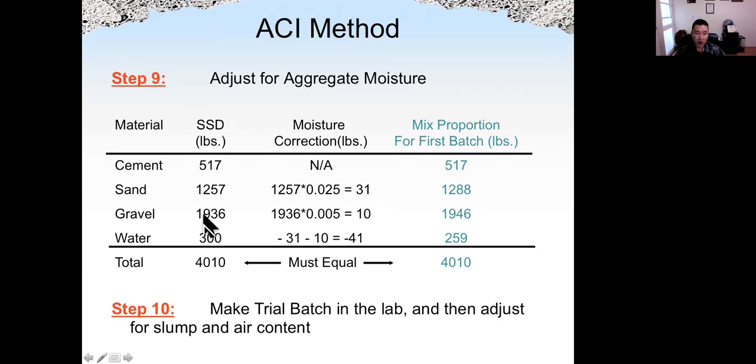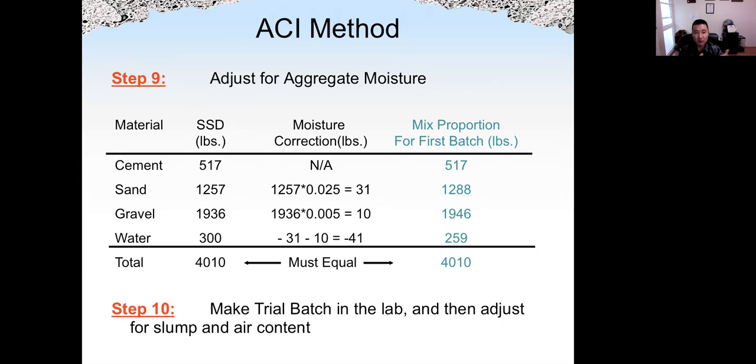It is 1257 times 2.5%, so 31 pounds of actual water can be provided by the sand because the sand is in wet condition. Similarly, gravel can provide 10 pounds of actual water to the cement paste. So in total the aggregate provides 31 plus 10, 41 pounds of actual water to the cement.